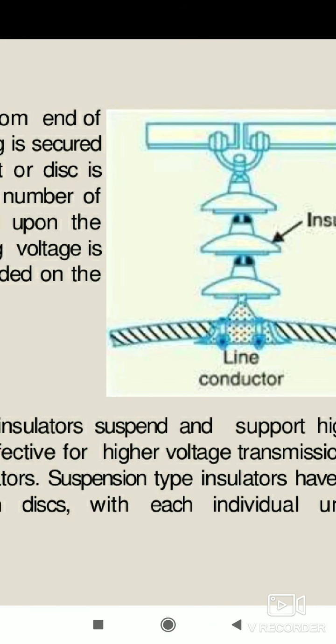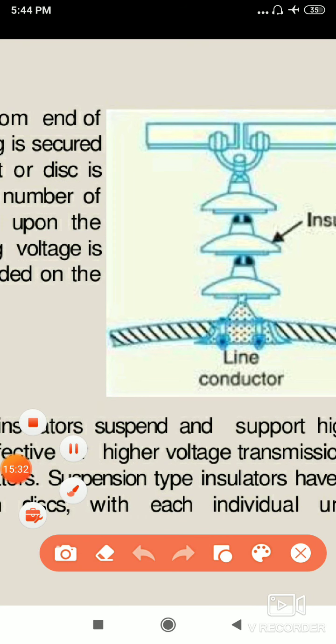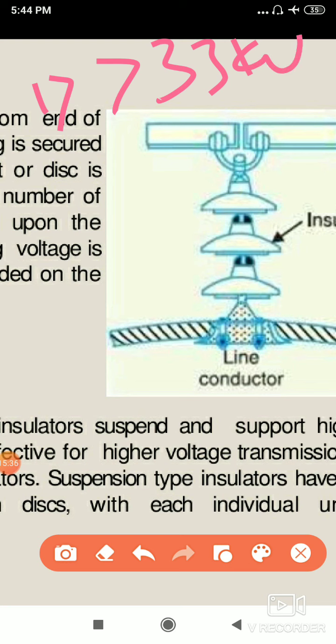I will explain all the advantages one more time. The first one is that it is used for greater than 33 kV. Second, if one disc gets trouble, it doesn't mean the total insulator is destroyed. Third, if the load on the conductor increases, you just add one or two more discs to that insulator, with no need to replace the total insulator.